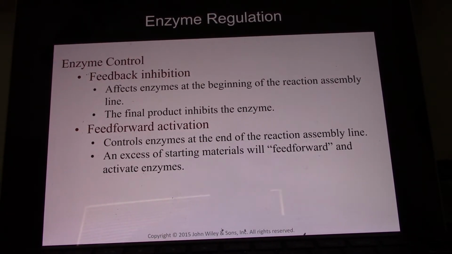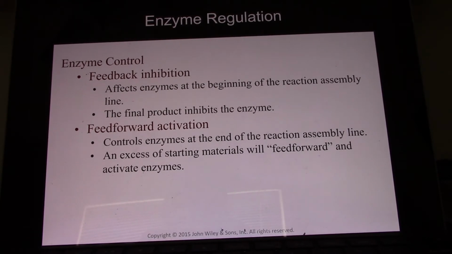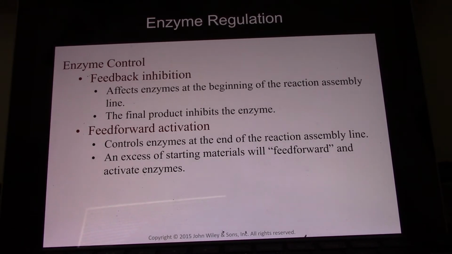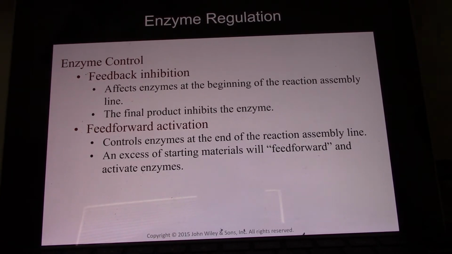And our major types of control are through feedback inhibition. There is negative feedback and there is positive feedback inhibition. Most normal feedback inhibition is negative. And so the final product stops your initial enzyme. And therefore, your enzymatic system will make enough of a compound until it doesn't need any more, and then it'll shut off.